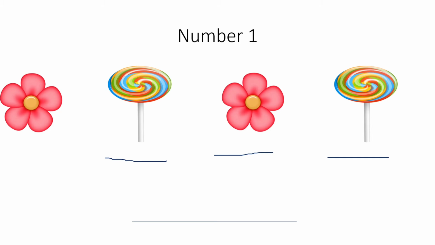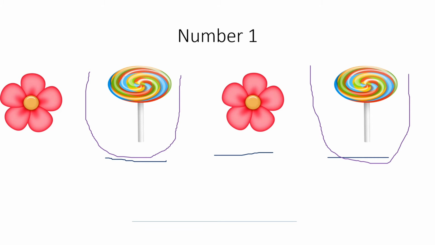So let's look at our pattern a little more in depth. After flower is our lollipop, after our lollipop is our flower, and after our flower again is our lollipop. So after every flower is a lollipop, and after every lollipop is a flower.